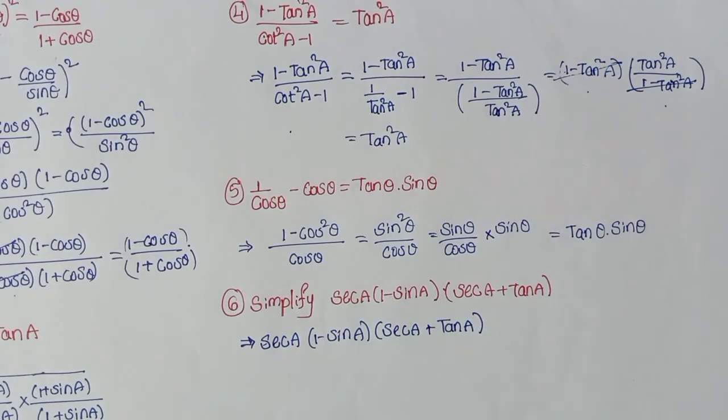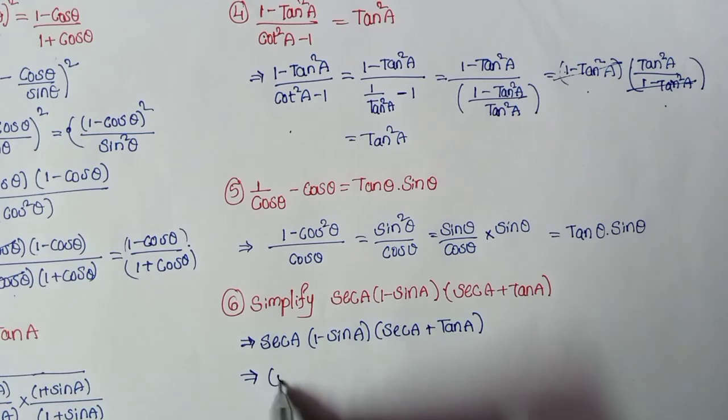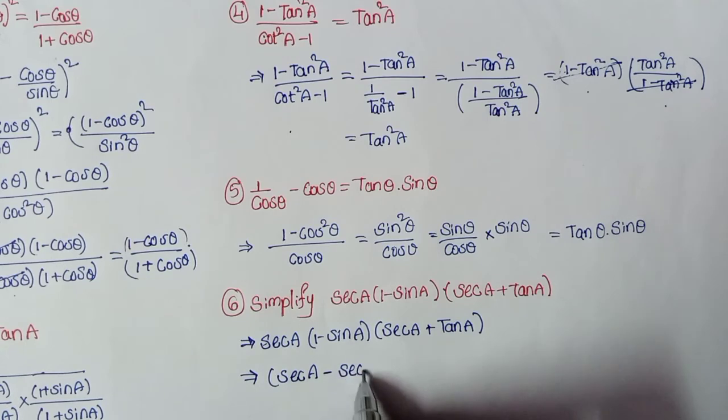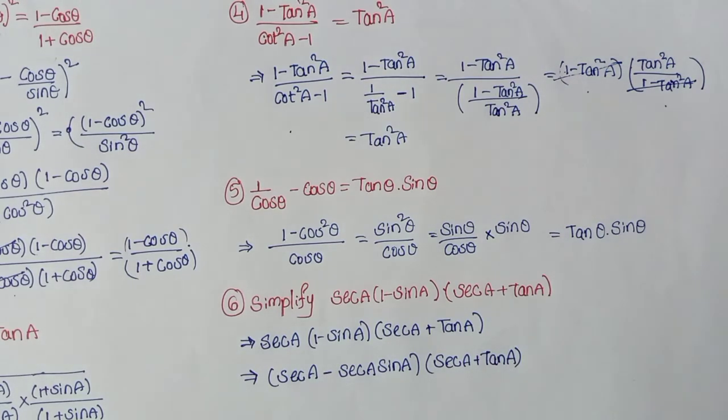So if you multiply this sec into this, what will you get? Sec a into 1 is sec a, minus sec a into sin a, into sec a plus tan a.